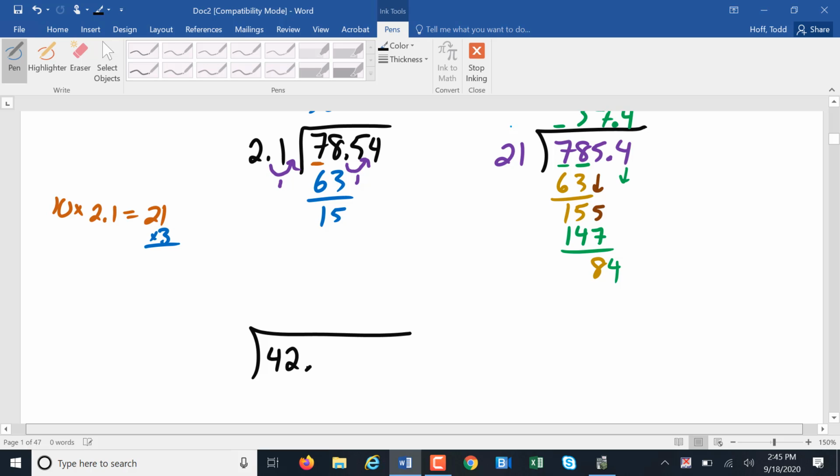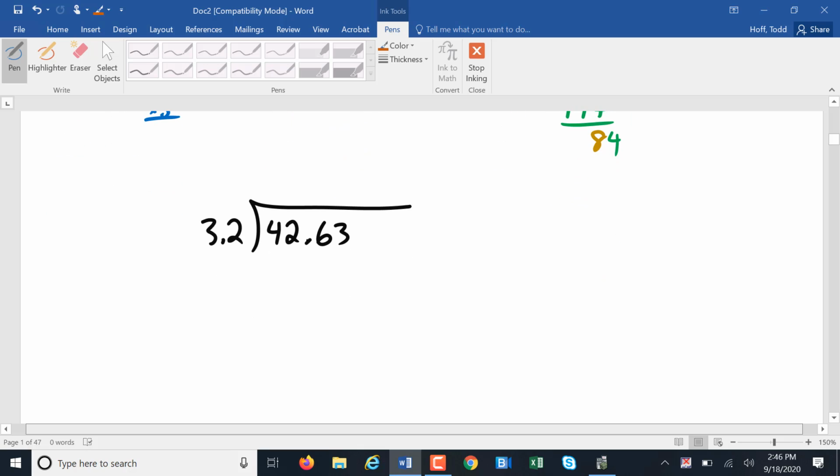There we go. So I have something like 42.63 divided by 3.2. The first thing I'm going to do is move the decimal points. There's only one decimal place there, so I only have to move it 1 spot each.